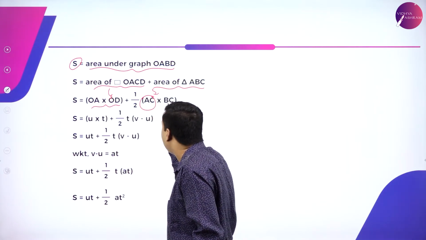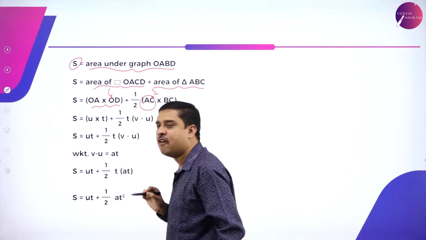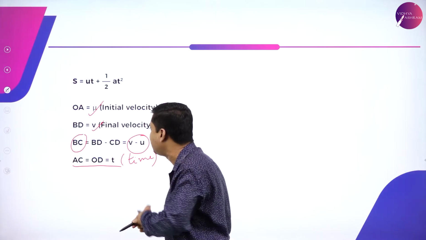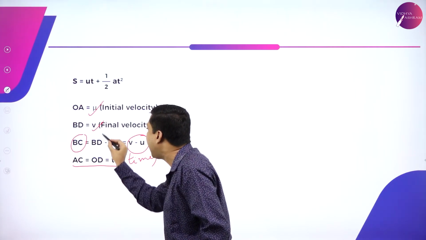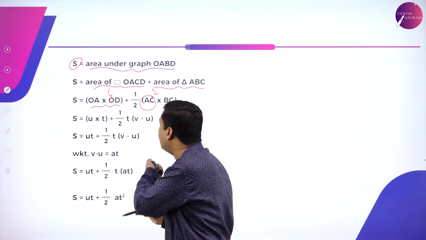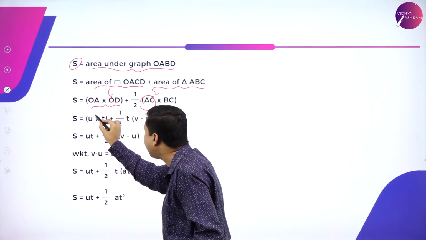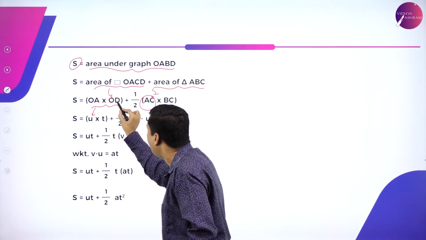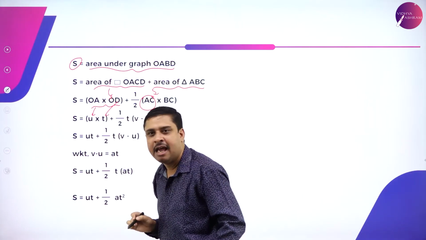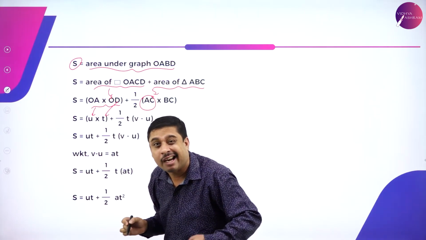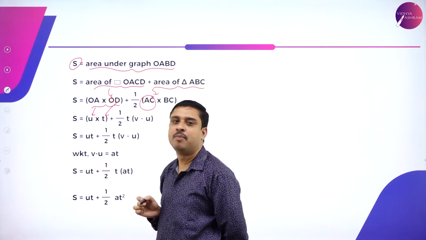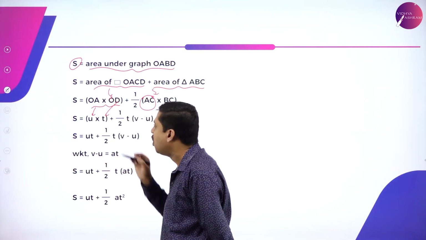Now substituting for these terms from my considerations, OA is U. OD is T. I've already clearly explained that in my considerations.